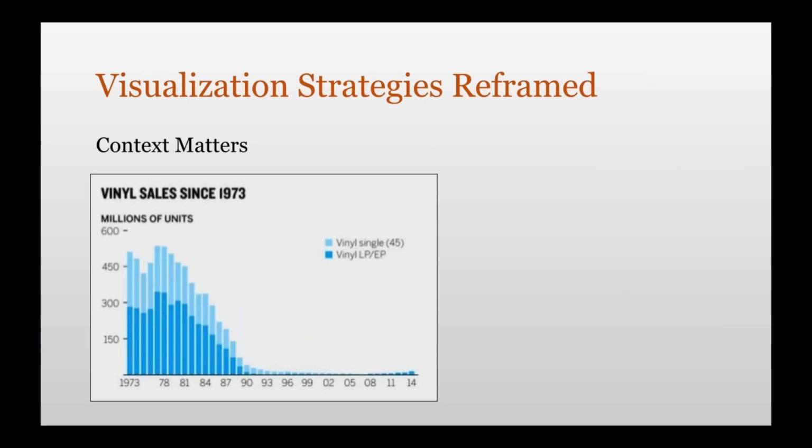So here I make the claim that what's happening in recent years with vinyl sales is really unprecedented, but looking at it over the past, it's nothing compared to what was happening in the 70s, when vinyl was actually the way to listen to music. So you can see that trick being used here.